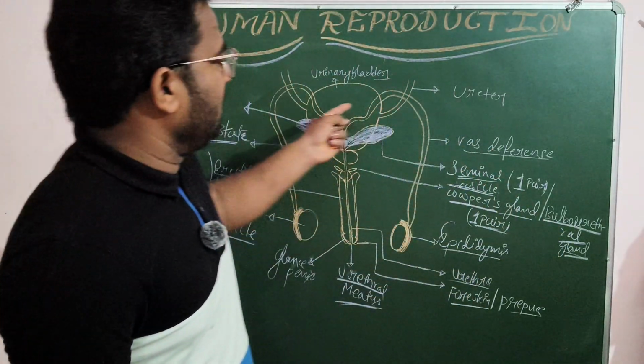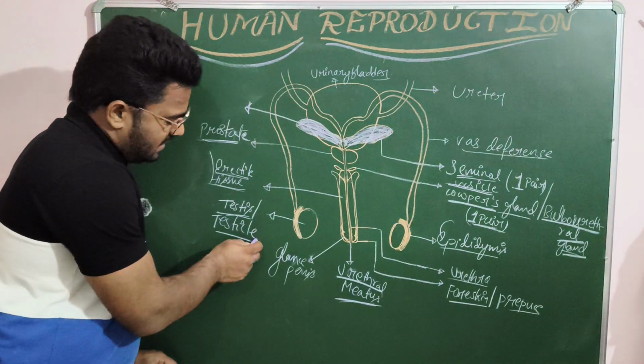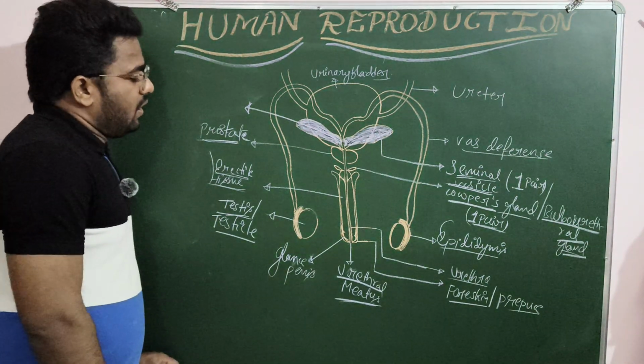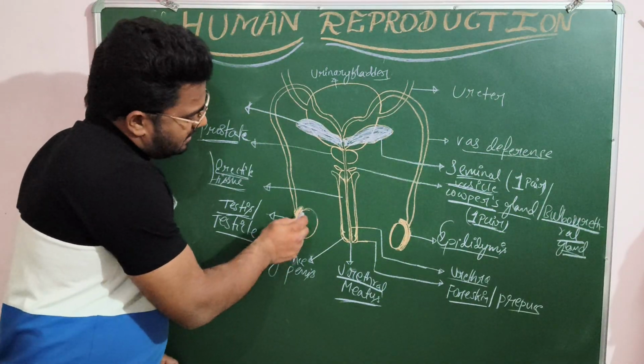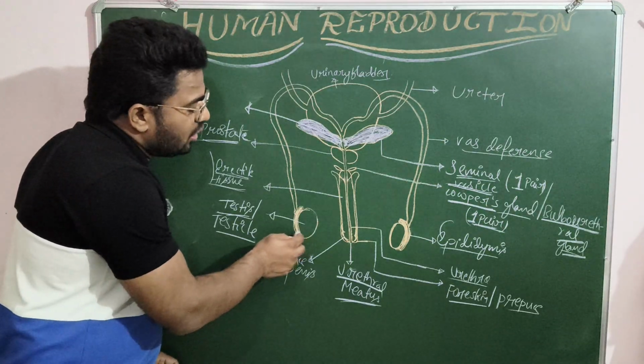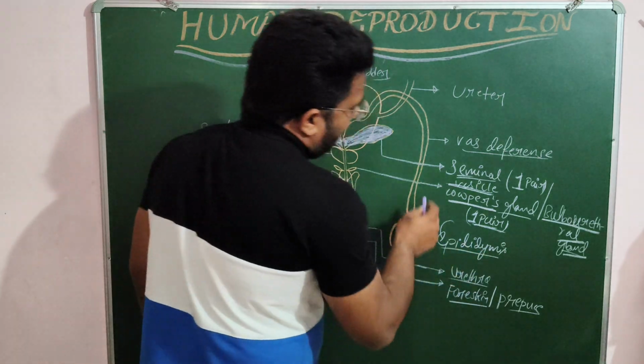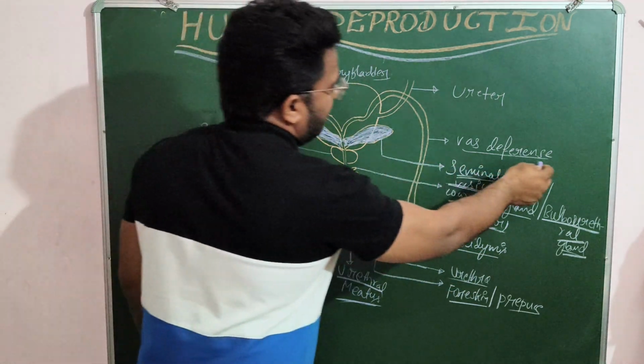Here we are seeing the primary reproductive organ, testis, which is also known as testicle. Outside the testicle, you are seeing highly coiled tubules forming the epididymis, and this epididymis further continues to form the vasa deferens.